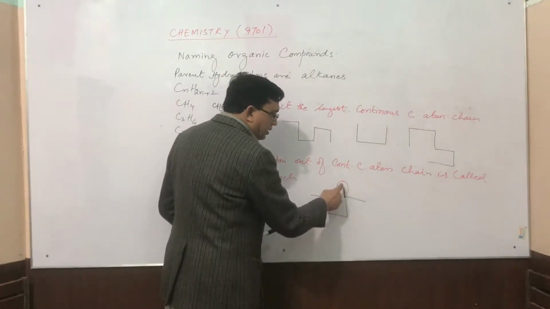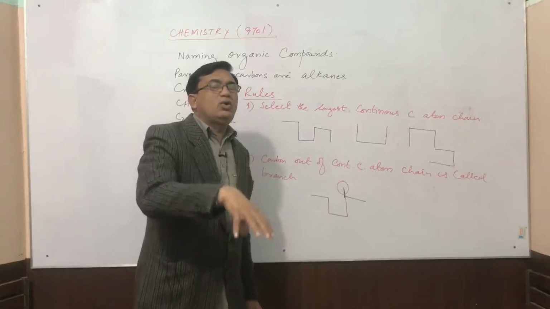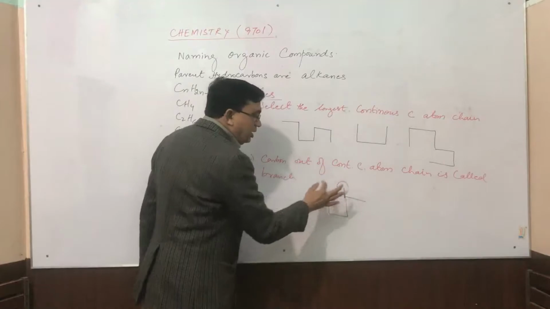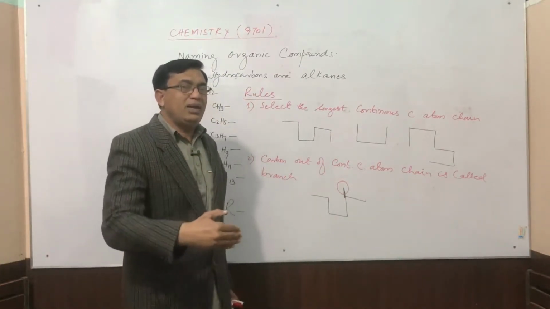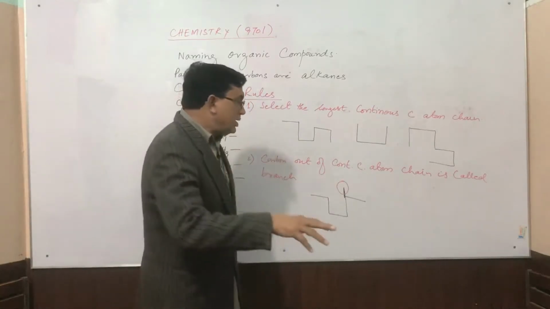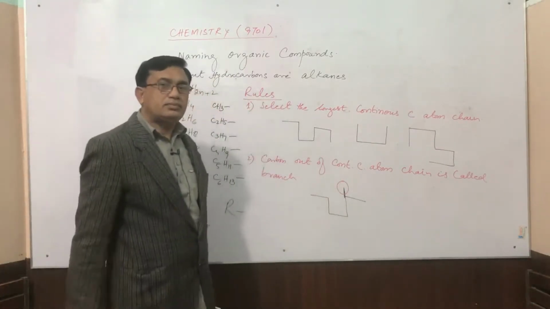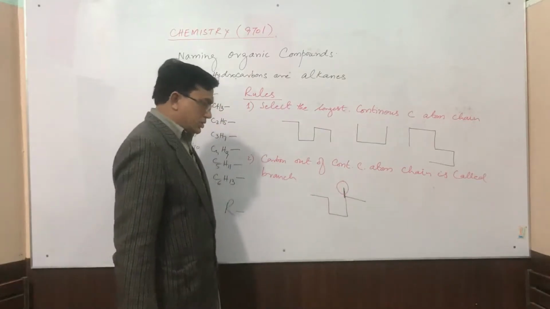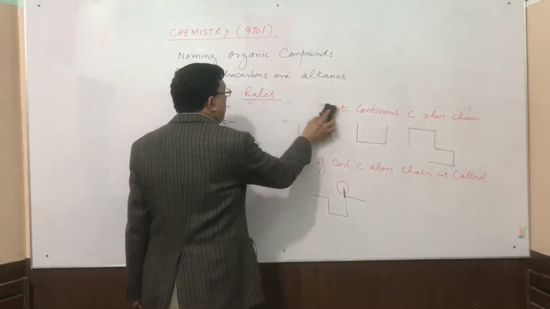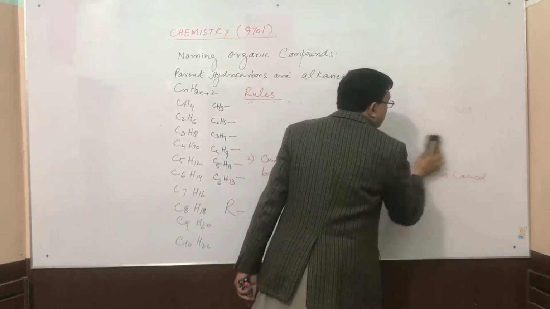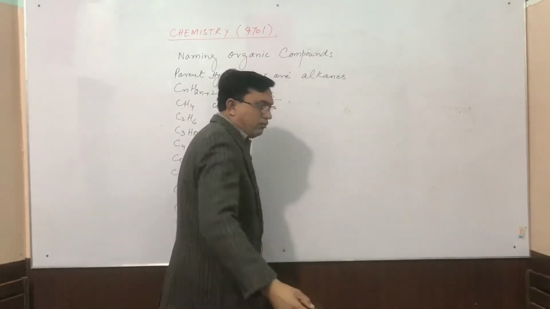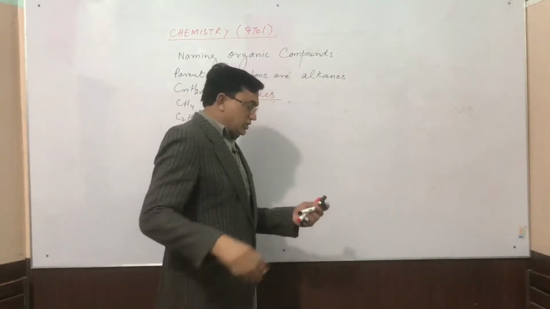Any of them can be included in the longest continuous carbon atom chain, but one carbon atom will definitely remain out of the longest chain, and that carbon will be called a branch. Now first of all, whenever we have to name the organic compound, we have to select the longest continuous carbon atom chain with minimum branches.